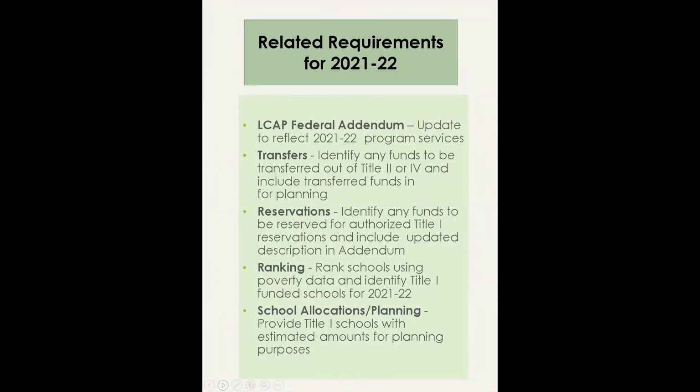Related requirements. There are some things that aren't in the Con App that you need to know about, and that is, as we mentioned before, the LCAP federal addendum. The only people who need to resubmit it are those applying for funding for the first time. You won't be able to receive the funding without having one on file at the department.